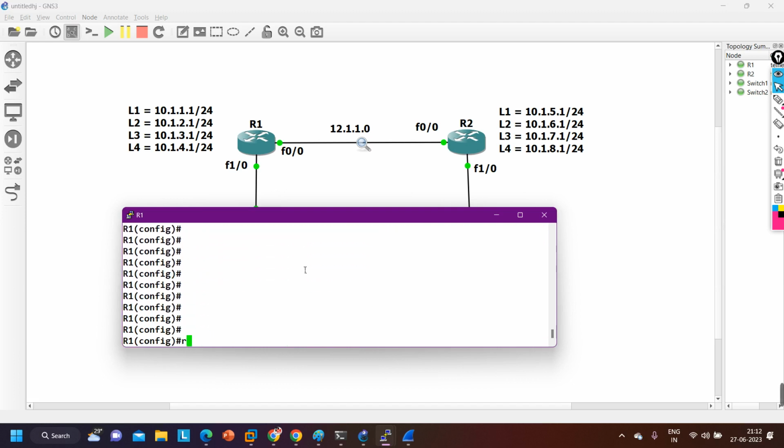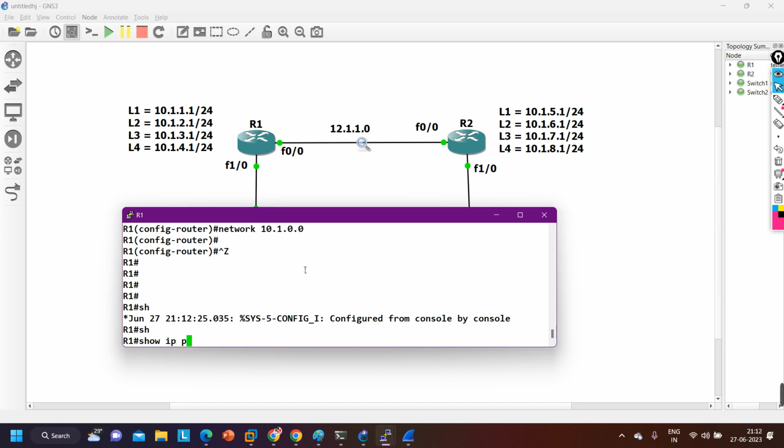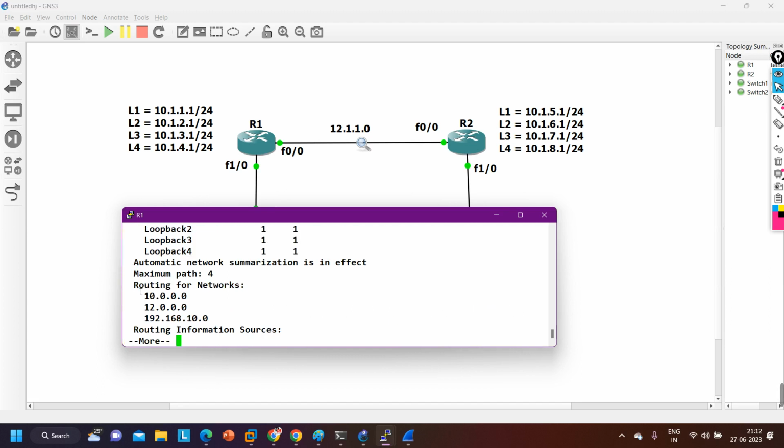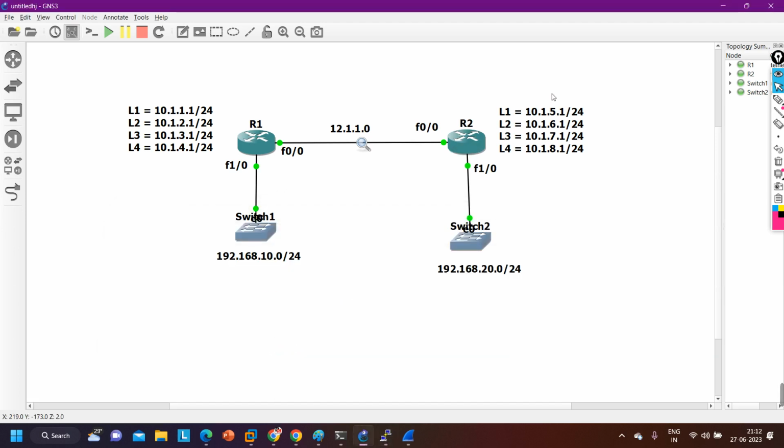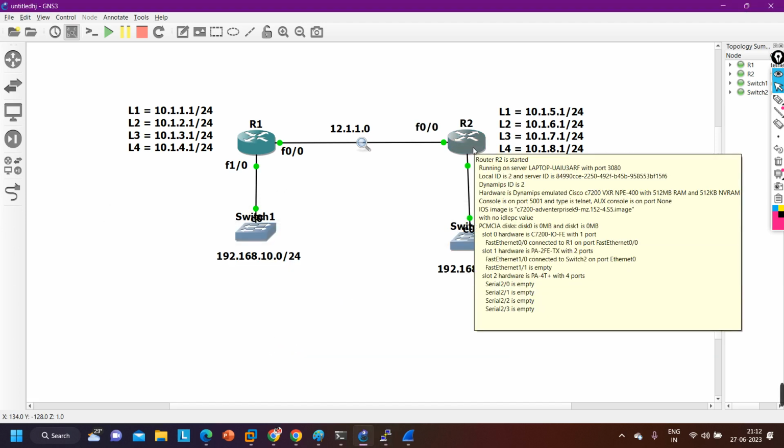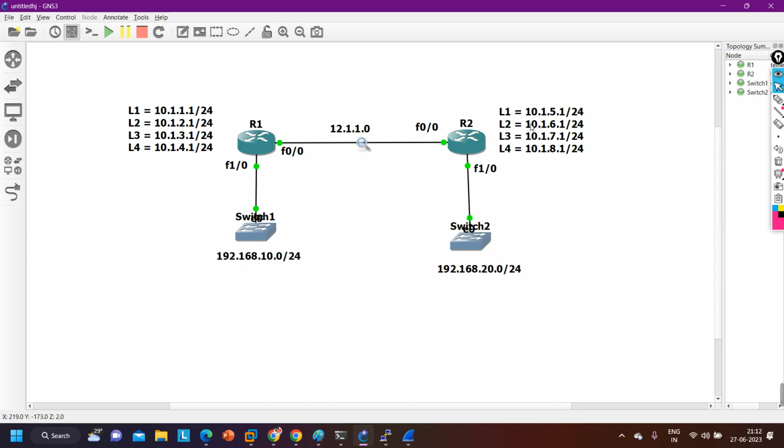Now I am going to advertise it in RIP. Router RIP network 10.1.0.0. Done. See, show IP protocol, it has considered it as 10.0.0.0. When I advertise this network on router number 2, it will also consider it as 10.0.0.0. So tell me, can this LAN user communicate with this LAN user?